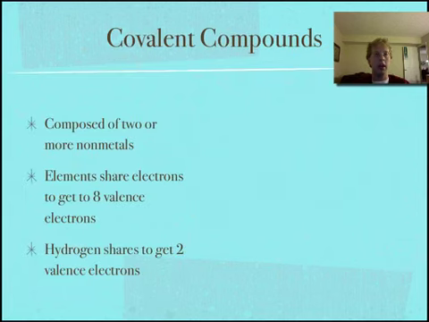To begin with, covalent compounds are composed of two or more nonmetals. In covalent compounds, elements are going to share electrons to get to 8 valence electrons, the exception being hydrogen, which shares to get to 2 valence electrons.